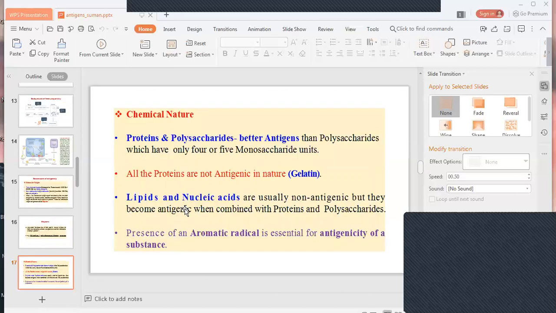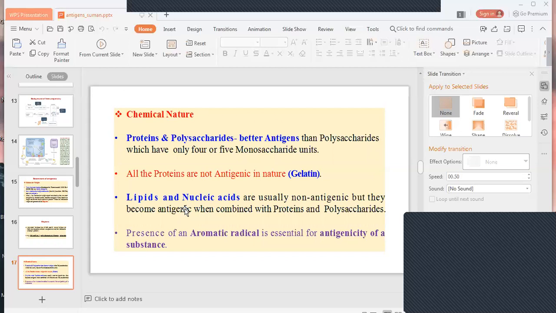Next is chemical nature. Antigens should be protein itself, or polysaccharide, or nucleoprotein, or lipoprotein. So this is the chemical nature, meaning it should be protein, either simple protein or complex protein.